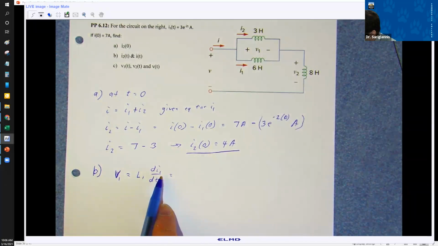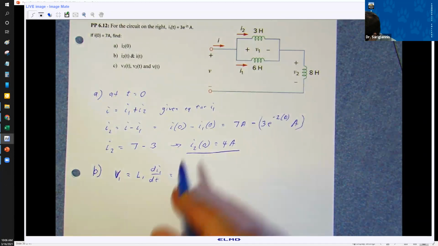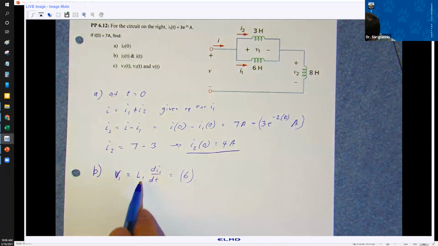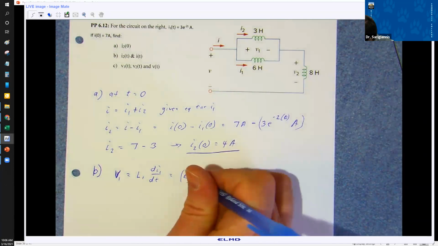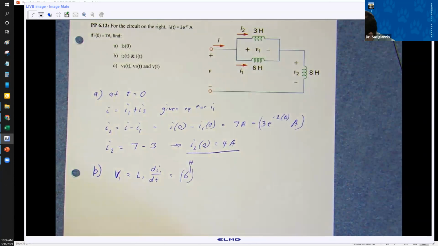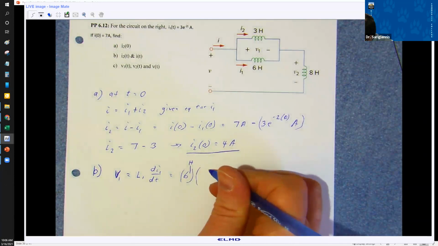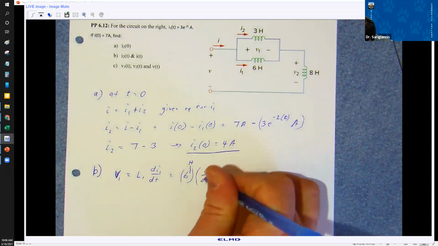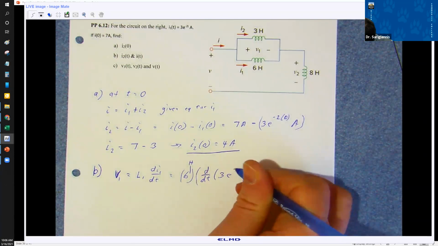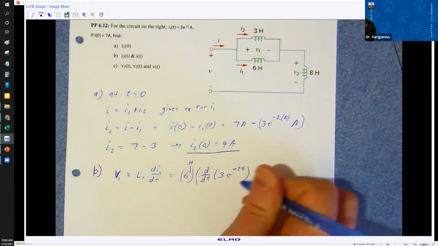We have a function for I1 as a function of time. So I've got 6 henries times the derivative with respect to time of 3 e to the minus 2t.